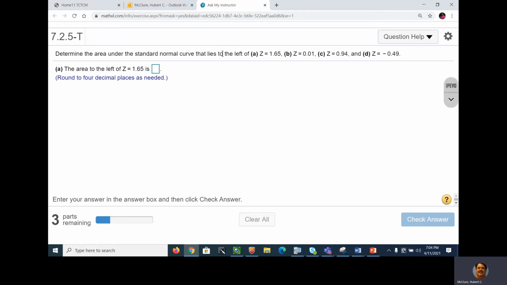Now, the first problem, Z left of 1.65. Left of 0.01. And let's go ahead and draw our other ones.